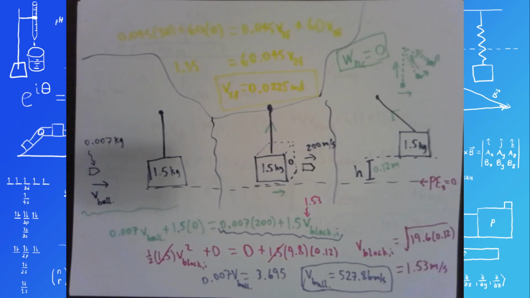That takes care of the bullet fired into the ballistic pendulum. Let's see what else we can do around here. Let's go ahead and do an example of elastic collision where both of your final velocities are unknown.